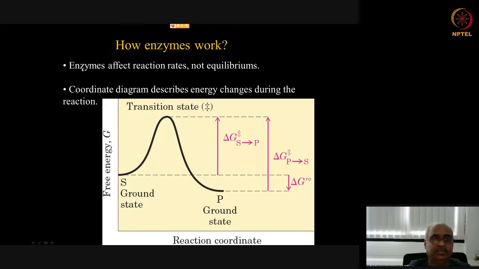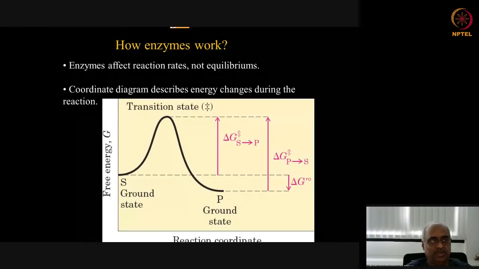Right. So the other important point to remember about enzymes is, like any other catalyst, they affect the reaction rates, not the equilibrium. Okay. So the concentration of CD upon AB, the equilibrium constant K, will still be the same.